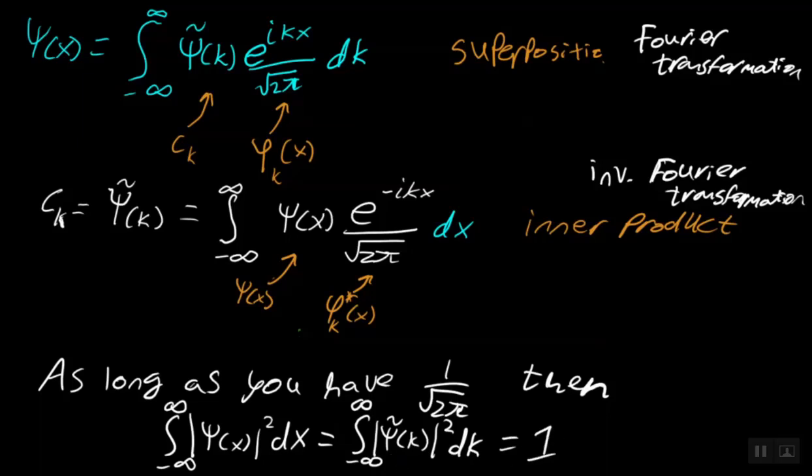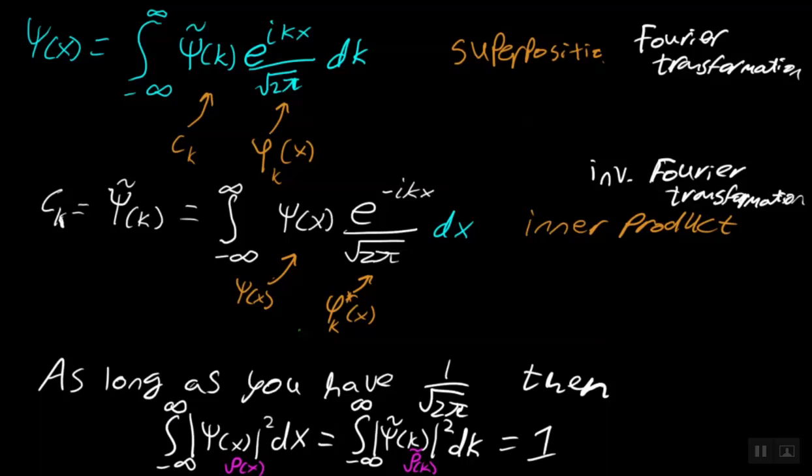Because as we know, this is rho of x, and this is rho of k. You could actually tell me to write it rho tilde of k. I haven't been doing that, but I could. And so this is the probability of the particle having a position anywhere from negative infinity to infinity. This is the probability of the particle having some wave number from negative infinity to infinity.